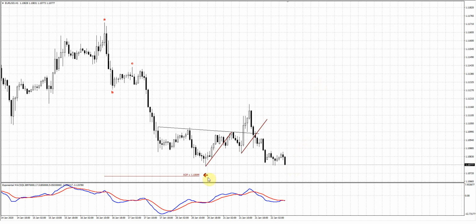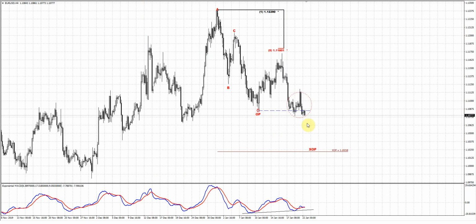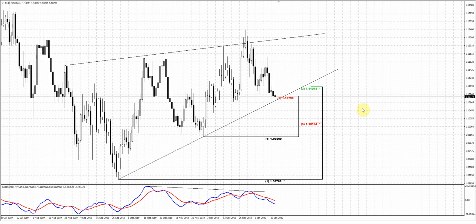If no reaction follows and the market just drops below 1070 and starts downward action, it will mean that we're coming to the 1020 area. That's the next major support on the daily chart: the XOP of the large ABCD pattern, and major Fib support at 1016 on the daily chart. That will lead to the final breakout of the wedge, and I suppose there will be more serious consequences of this breakout if it happens today.